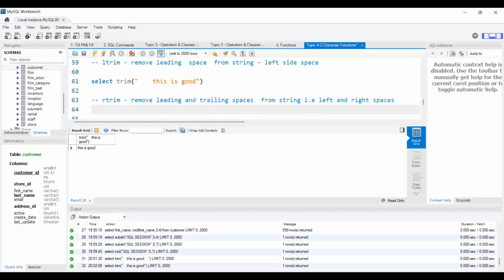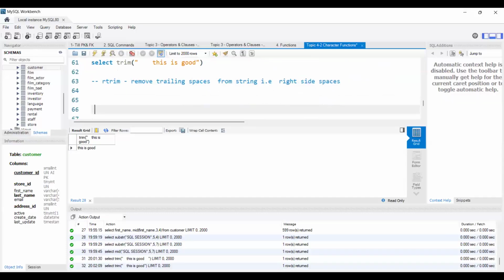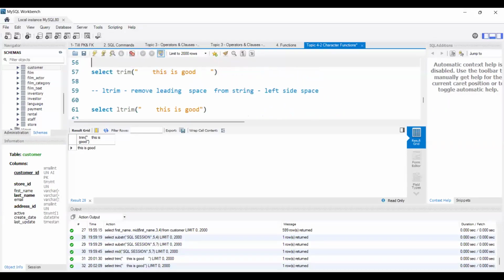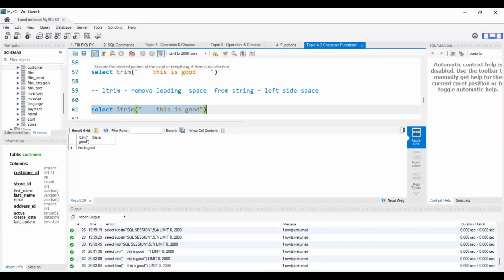See, I said if we use R trim, it will remove left side spaces, right? If I use it like this, it won't remove. Correct? Guys, you are not telling me I didn't use L trim here in a hurry. See, if we use normal trim, it will remove left and right side spaces. If we use L trim, it will remove left side spaces.